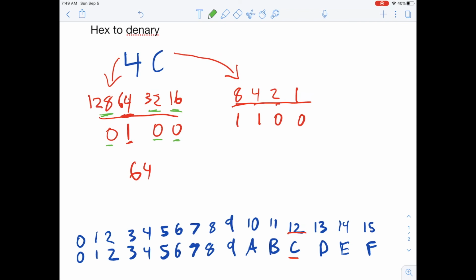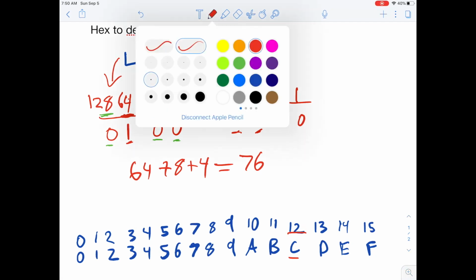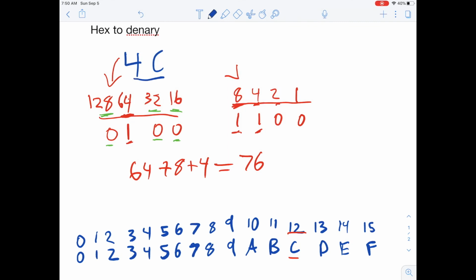There's no 16. There is an 8. There is a 4. So you can do plus 8 plus 4. And this is going to be equal to 76. So in our conversion, 4C hex is going to be equal to 76 in denary or decimal.